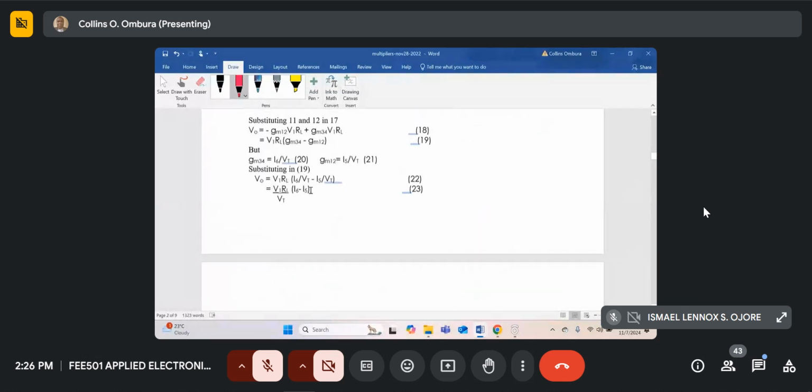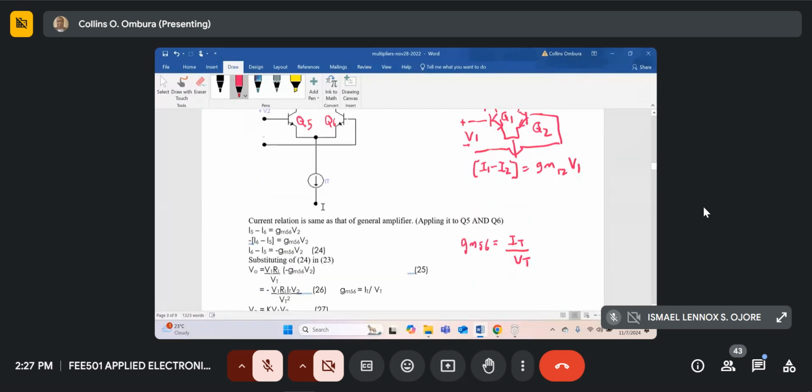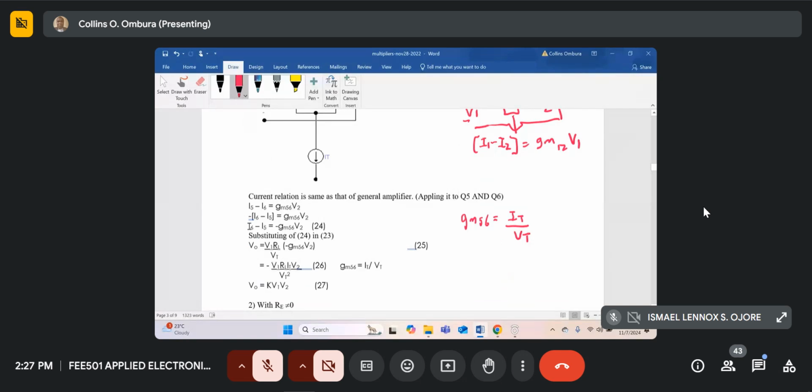In equation 23 over here, I've gotten I6 minus I5. So all I have to do is to substitute I6 minus I5. Multiplying this equation by negative on the left-hand side and the right-hand side, I get equation 24.